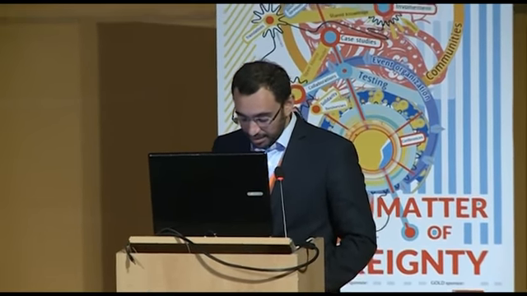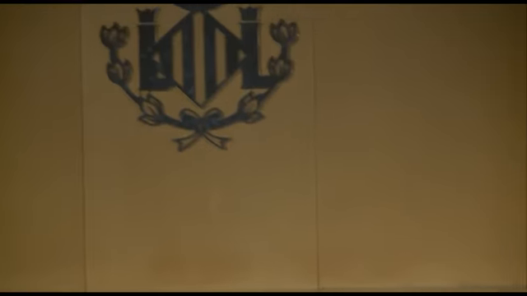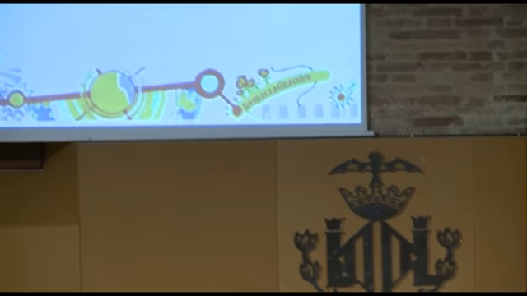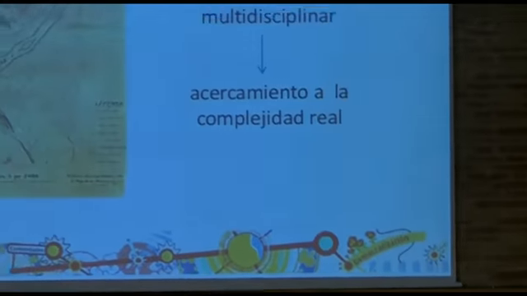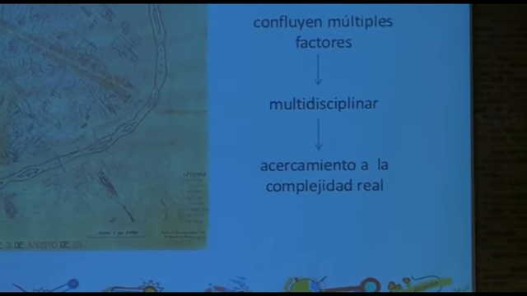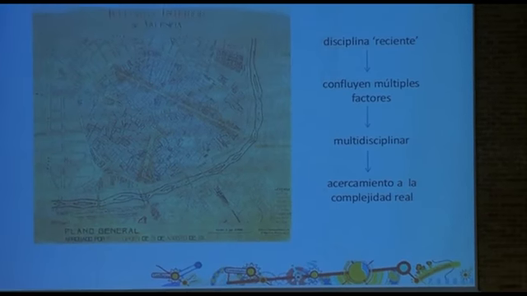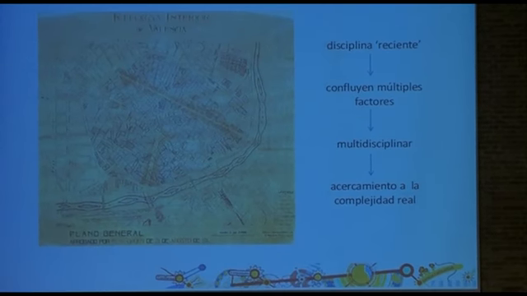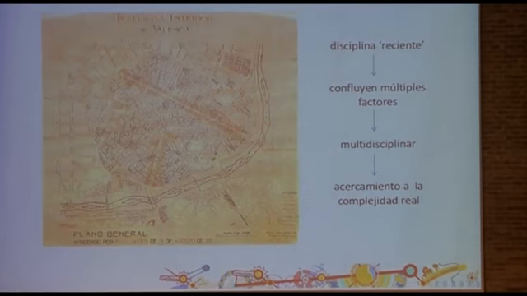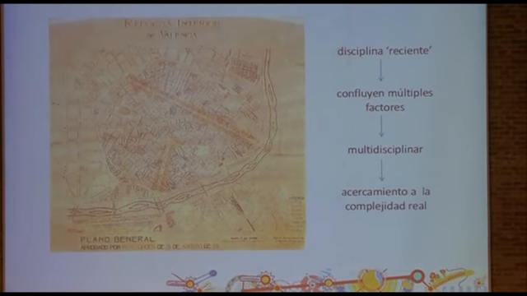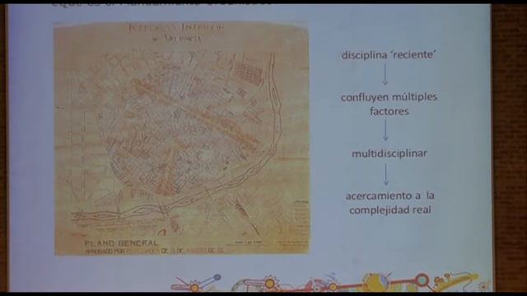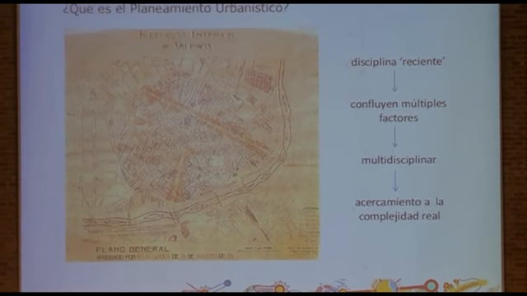So I think we should summarize what urban planning is. To start with, the dictionary of the Royal Language Academy says that urbanism is a complex discipline which is linked to the organization and ordering of all these issues.